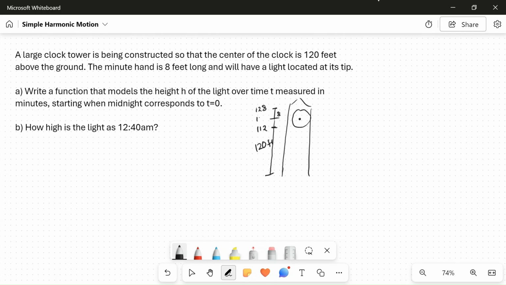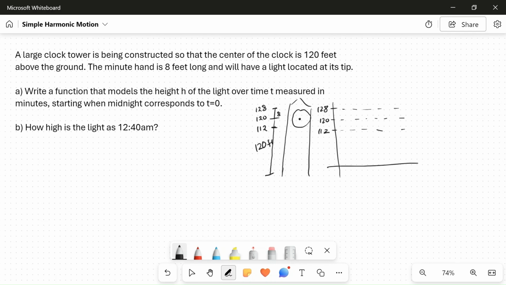Because it's 120 up to the middle, and then 8 feet above that would be 128, and 8 feet lower would be 112. So if we think about our sine and cosine graphs, that would translate to a midline at 120, and then the maximum would be 128, and the minimum, sorry, would be 112.